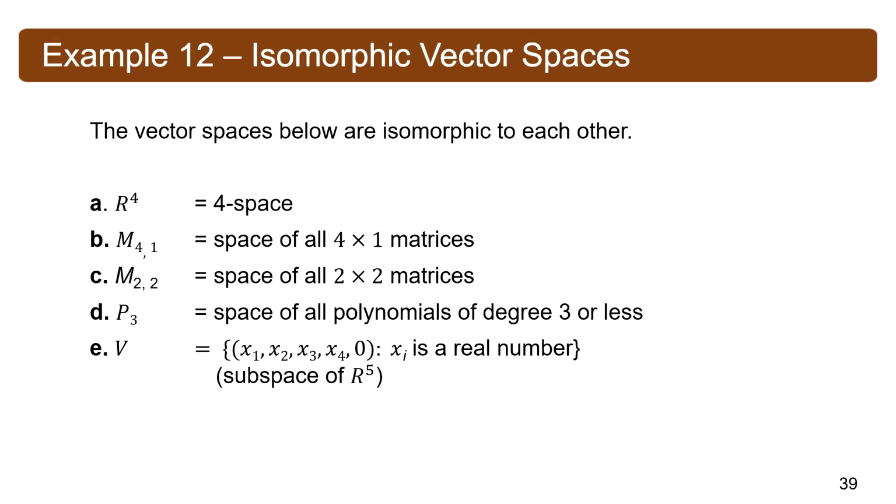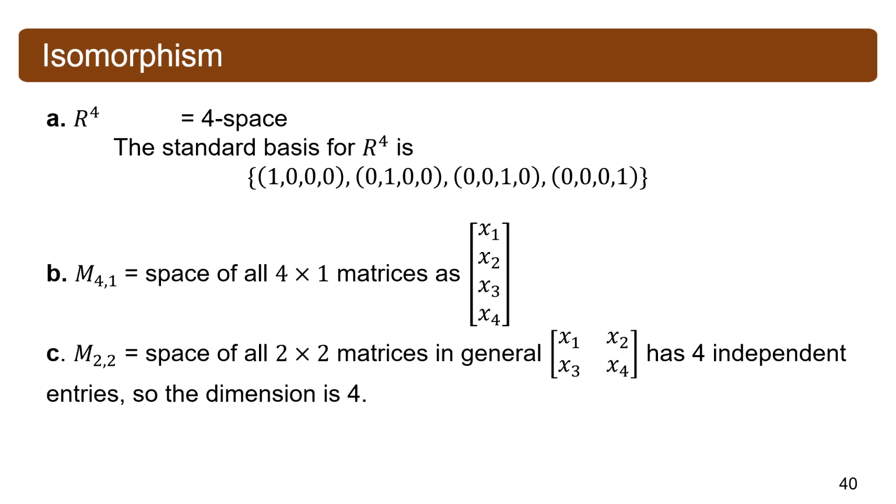All these vector spaces are isomorphic to each other because they all have a dimension of 4. So R raised to 4, of course, means you have 4 components. 4 by 1 space, so let's move here. The standard basis for R4 is, remember, 1, 0, 0, 0, then 0, 1, 0, 0, and to the end 0, 0, 0, 1.